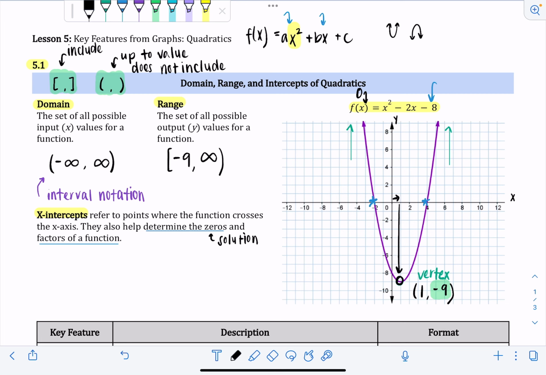So I have a zero at -2, or an x-intercept at -2, so I'm going to say x is equal to -2. And then I have another one at 4, so x is equal to 4. Now they're in solution form.